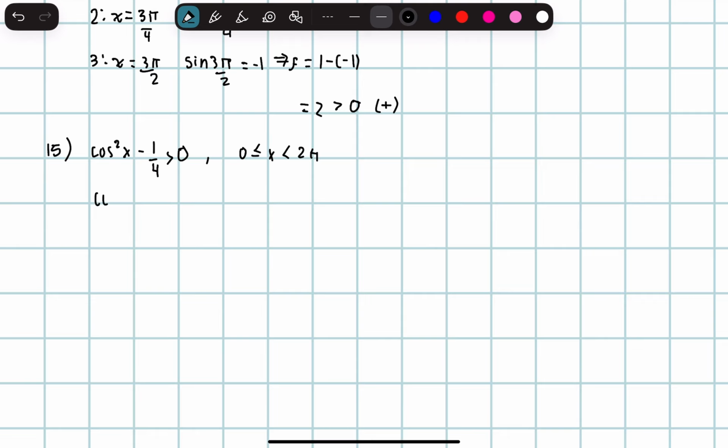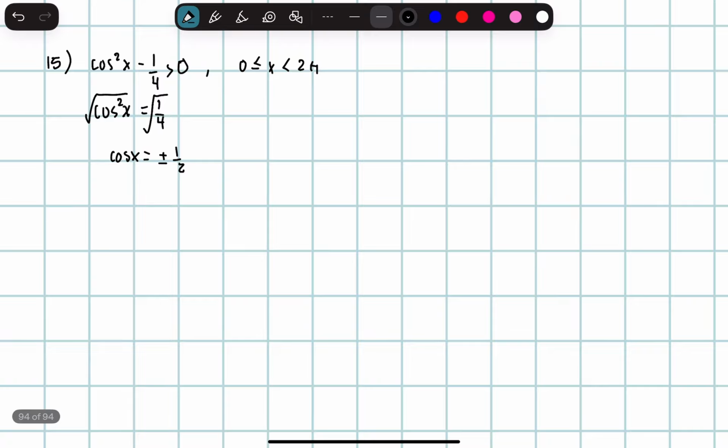So now we can do cosine squared of x equal to 1 over 4. Taking the square root of both sides, we have cosine of x equal to plus or minus 1/2. Now we ask ourselves, where is cosine x equal to positive 1/2, and where is cosine x equal to negative 1/2?